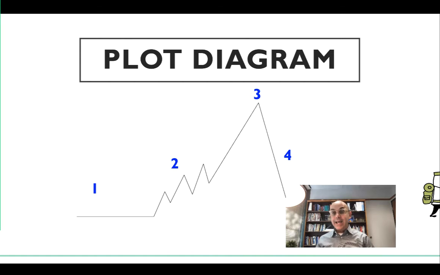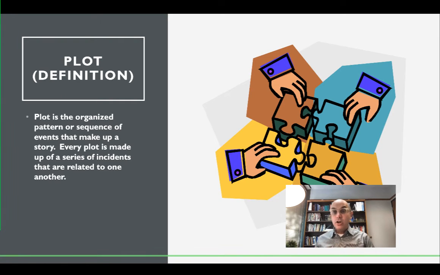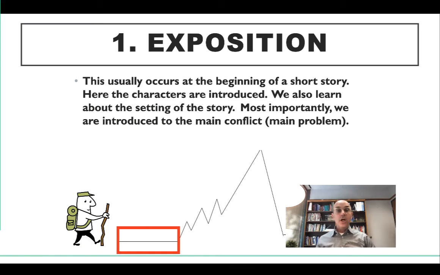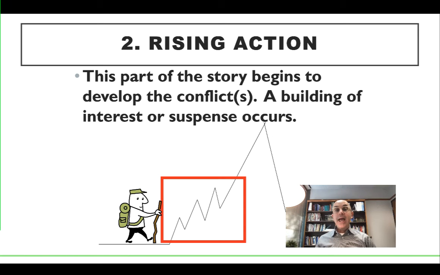So the idea here is that all of this is part of how we organize our storytelling, or how we organize the visualization so that it will be easy for everyone to read. So the first stage is the exploration, where we try to tell you a story about what we have learned, and it is the idea that we introduce the main conflict. And then we are raising the conflict or the action, and we are building interest or suspense.